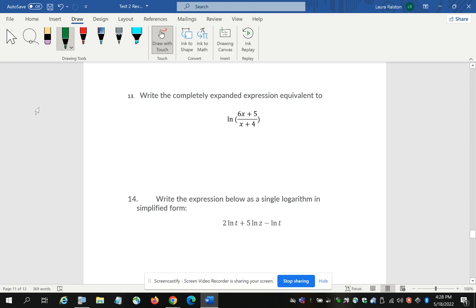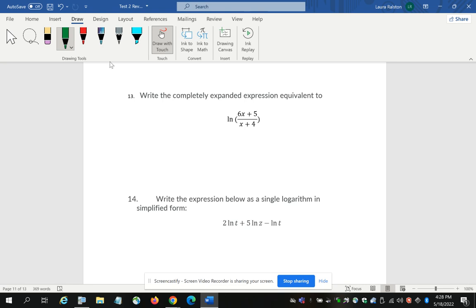And then sometimes really with questions 13 and 14 where you're either expanding or possibly condensing into a single logarithm, that skill becomes important as you move forward into your higher level math classes, especially in calculus, because sometimes when you have a fraction or something that's got multiple terms, it's easier to deal with in a different format, especially in calculus.